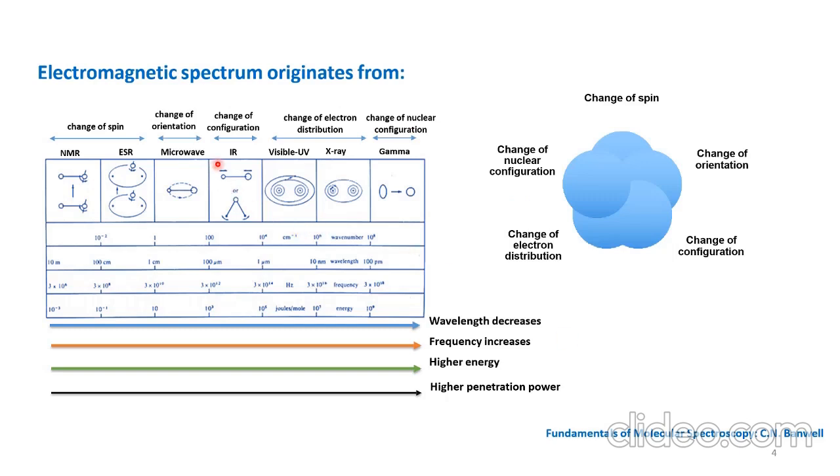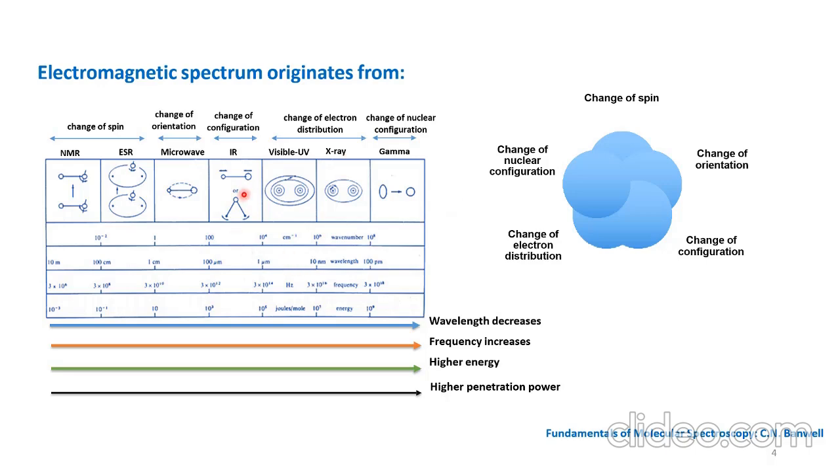So again, we'll come back to the electromagnetic spectrum, the theory behind that. In the IR region, basically the configuration is changing, and that is how the absorption is happening.